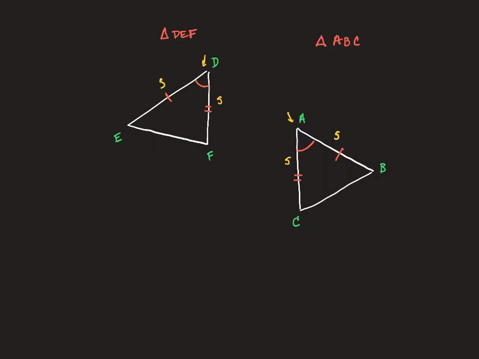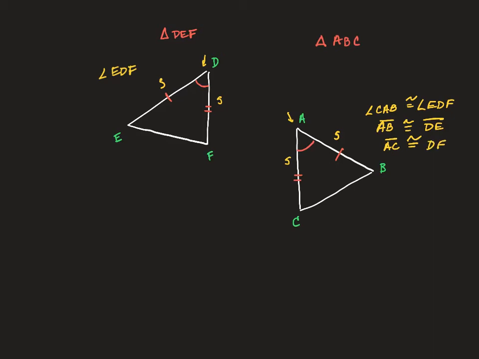So by the looks of it, given that information, we have angle CAB and angle EDF, and they seem to be congruent. Segment AB is going to be congruent to segment DE, and segment AC is going to be congruent to DF.